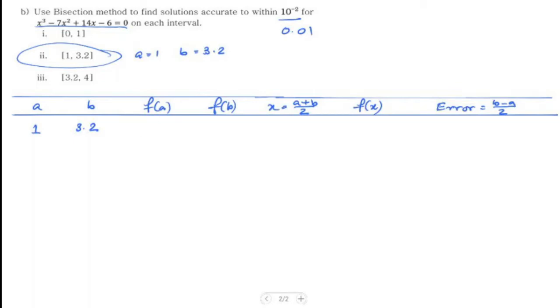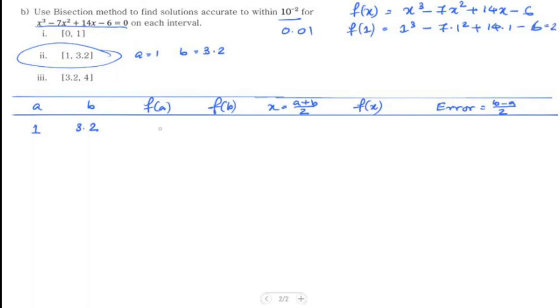So for f of a, the function f of x is x cubed minus 7x squared plus 14x minus 6. For f of a we put the value of a, which is 1, and here we'll have 1 cubed minus 7 times 1 squared plus 14 times 1 minus 6, and that's equal to 2.